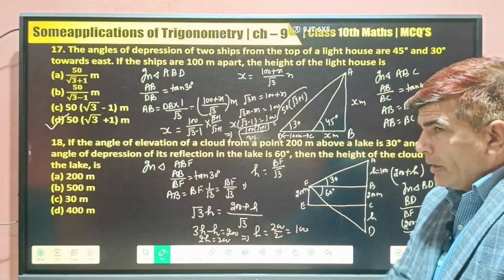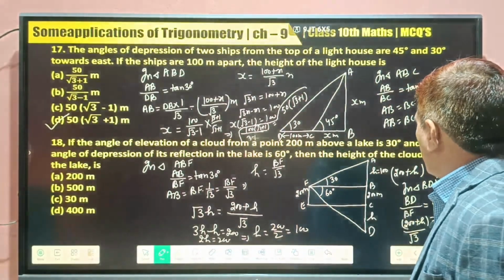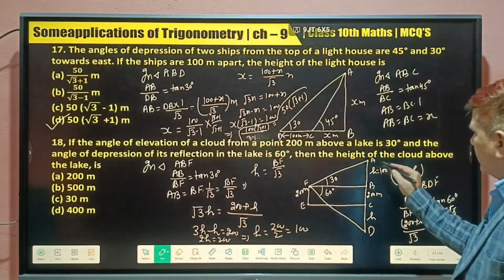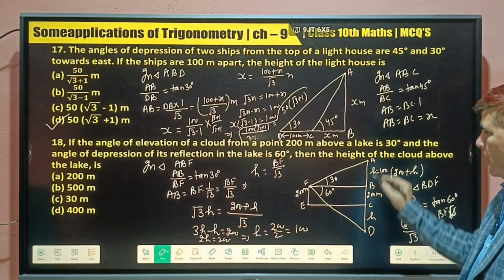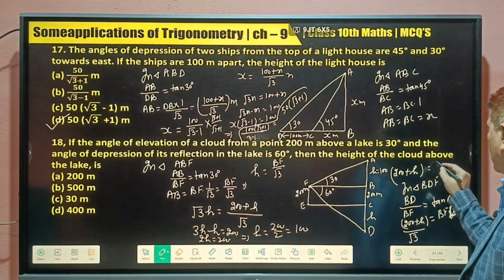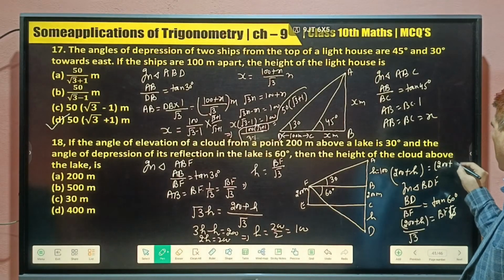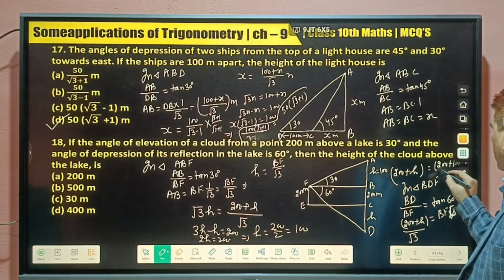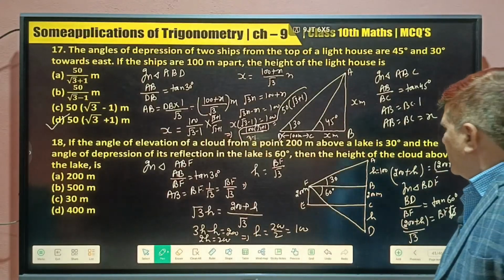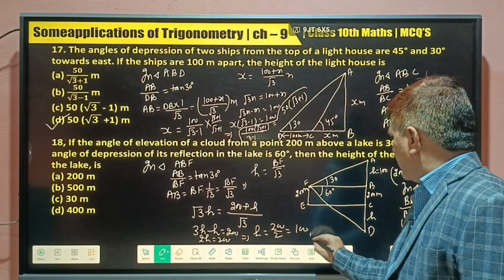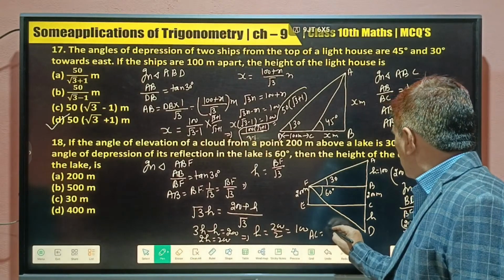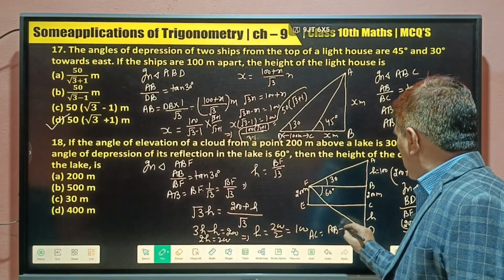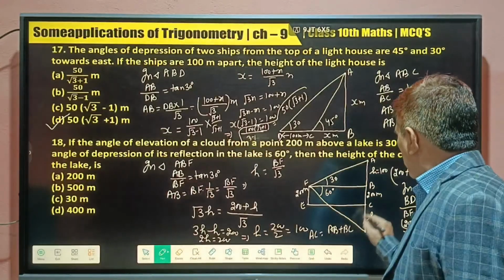What's 100 meter? And what's the height? This AC. So what's your AC? 200 plus 100. How much? So what we can say, AC equal to AB plus BC.